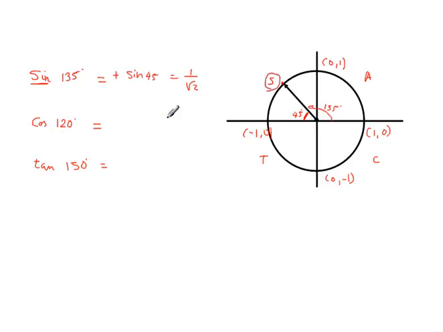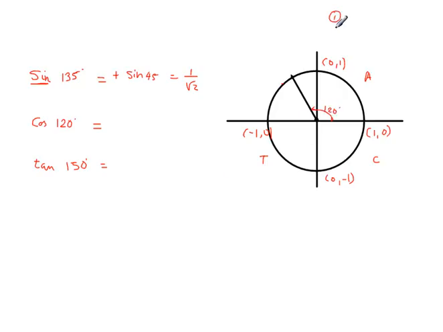Cos of 120. When you're looking at cos of 120, let's say you're looking at 120 degrees. So what happens is this is rotated till this is 120 degrees. So this angle with the positive x-axis is 120 degrees.